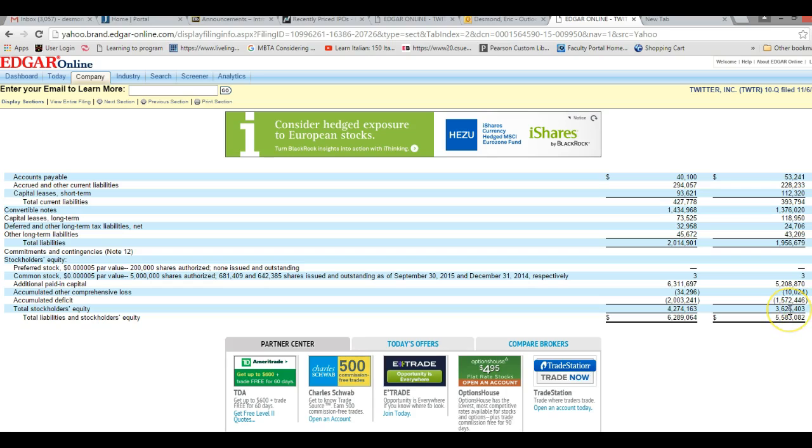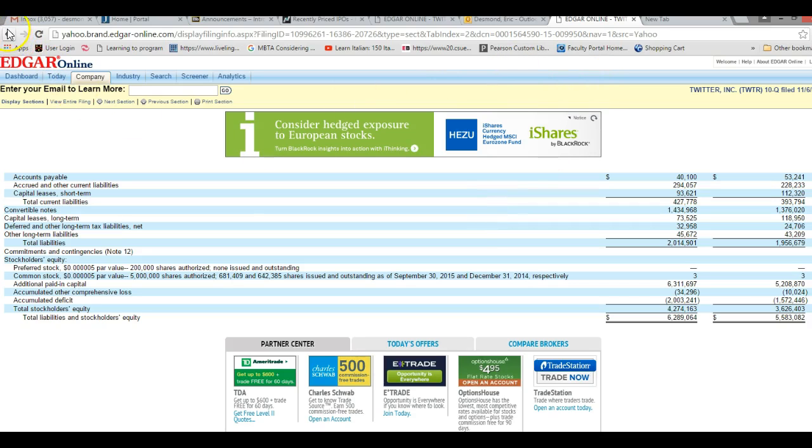And then if we look at total stockholders' equity, total stockholder equity is still building, and it looks like they're selling. They've issued. I'm looking at the difference between the common and preferred stock.